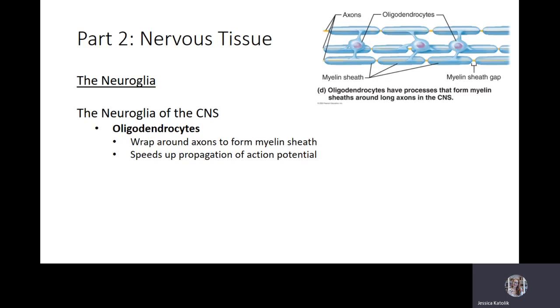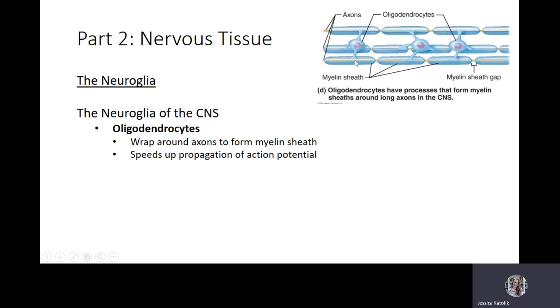So what is the function of the oligodendrocyte? I've already referred to this a little bit. It's going to extend one of its arms out and wrap its arm tightly around the axon of a neuron. This is going to create an insulating layer called the myelin sheath.